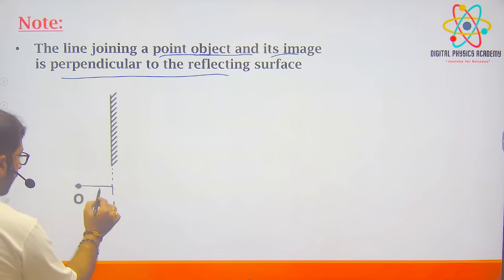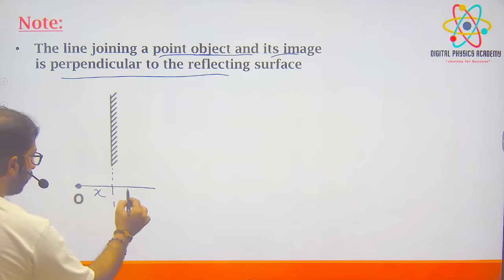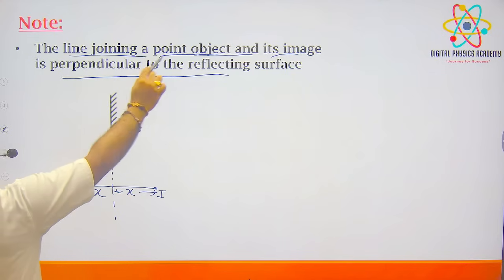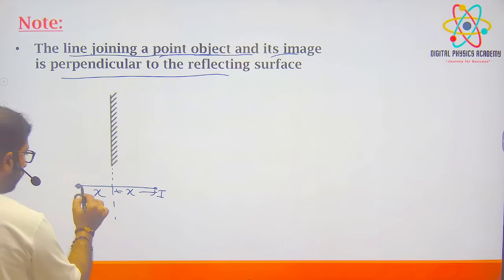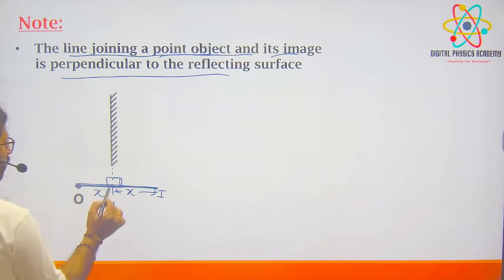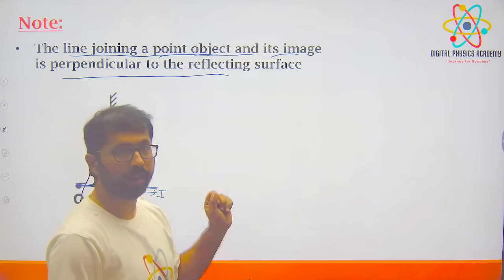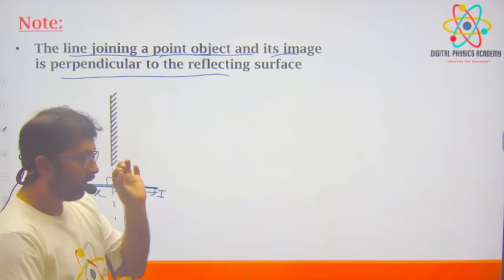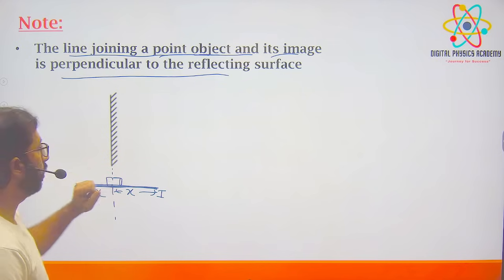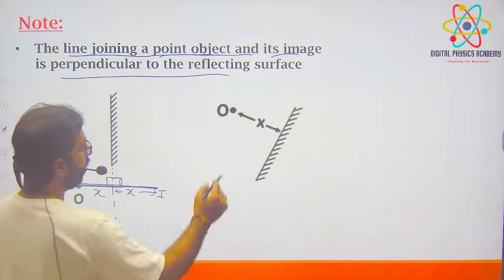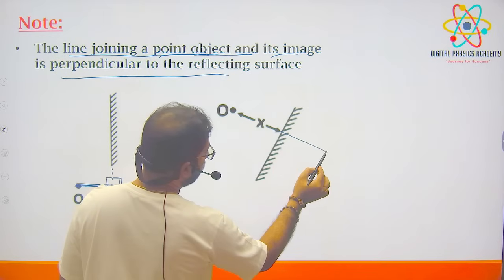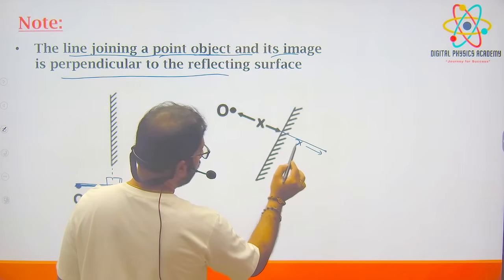If the object is at distance x from the mirror, the image will also be at distance x behind it. So the line joining the point object and the image is always perpendicular to the surface. You have to use this concept for numericals. Suppose the mirror is at distance x, then the image will be at the same distance x.